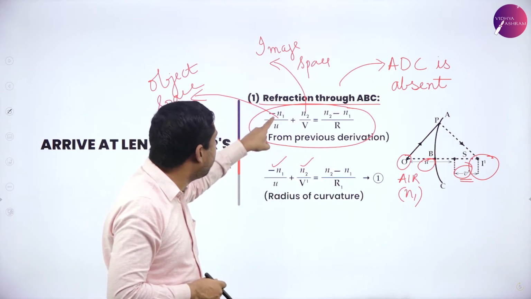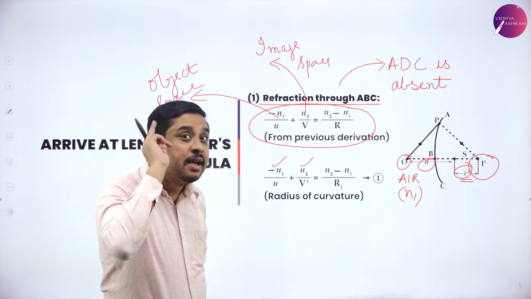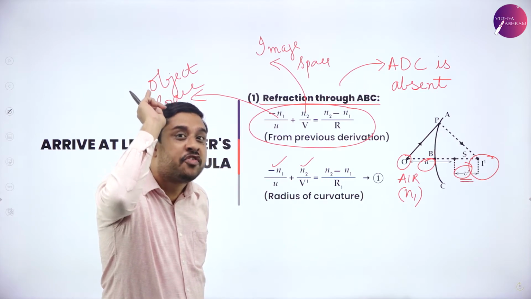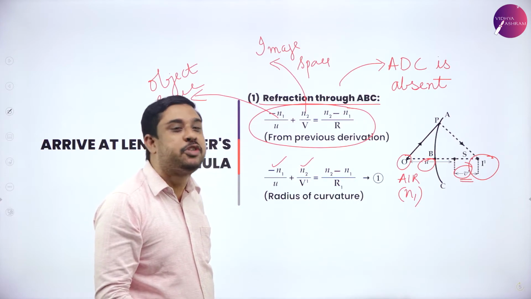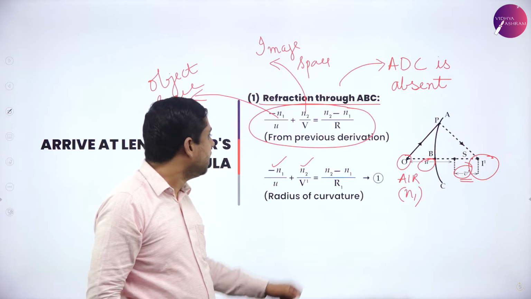Again I repeat, n1 is the refractive index of the medium in which the object is placed, the object space.